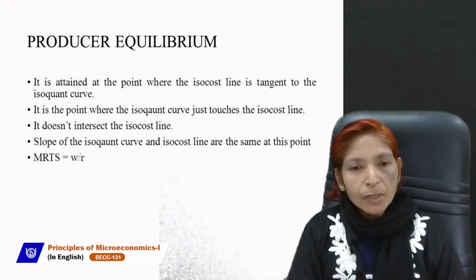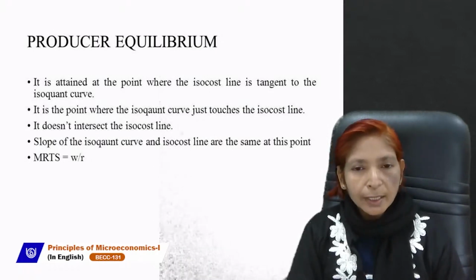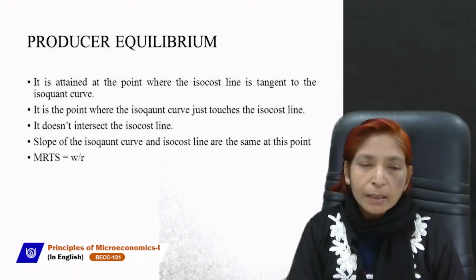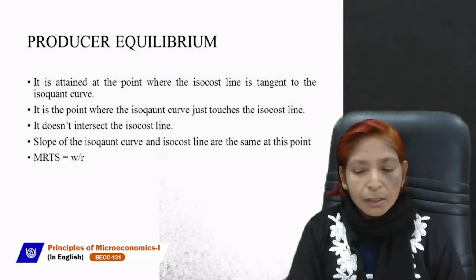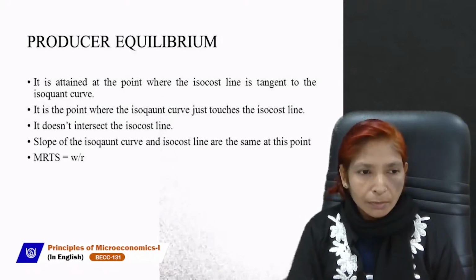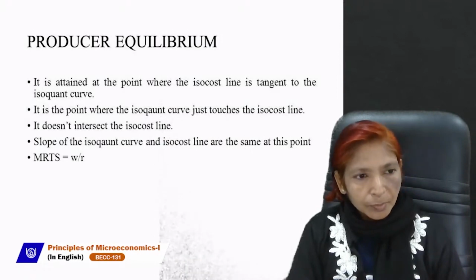Iso cost line is always a downward sloping straight line and the isoquant curve is always a curve convex to the origin or downward sloping.